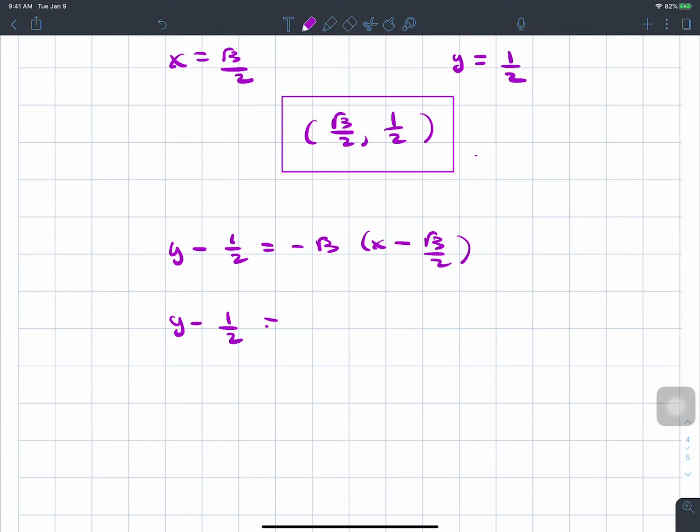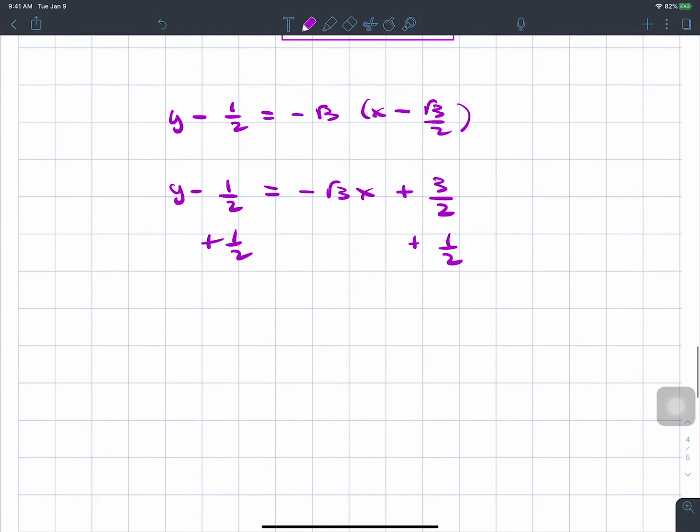So my y minus 1/2 is minus square root of 3 x plus, looks like it'll be 3/2. Add 1/2 to both sides now. So the equation will be y equals minus square root of 3 x plus 3/2 plus 1/2, which is 4/2, which is really 2.